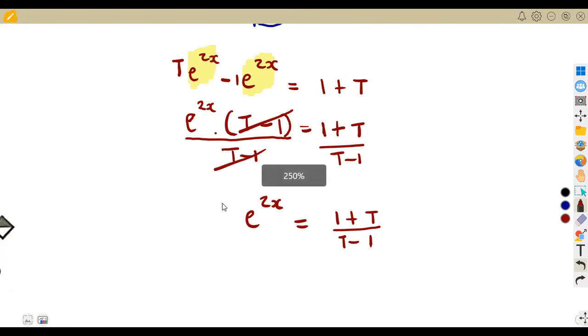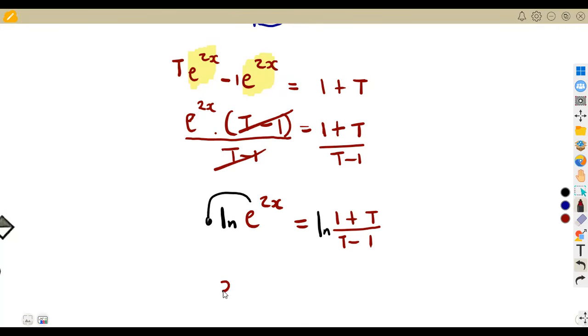In most cases, the question was supposed to be given at this stage, where you are supposed to make x the subject. And we understand that to remove the e that we have here, we introduce ln both sides, the logarithms. The moment we introduce the ln, we can drop this exponent to multiply the ln.